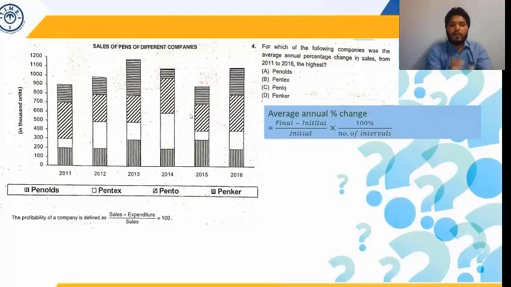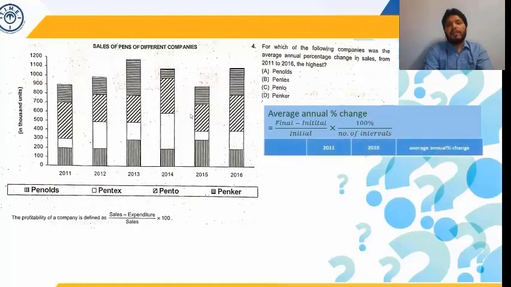So for example, 200,000 is the sales of Penoids in 2011, and in the final year the sales of Penoids is going to be again 200,000 units. So final quantity is also 200,000 and initial quantity is also 200,000. So difference between them is going to be 0, and 0 multiplied by anything will become 0 only.